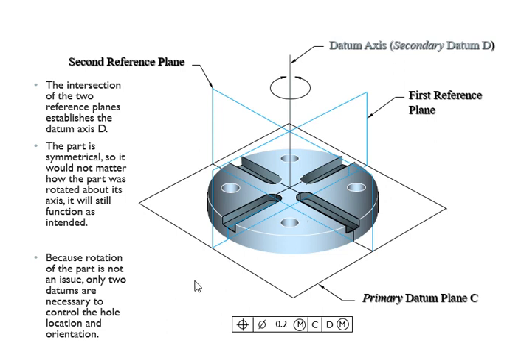So it wouldn't matter how the part was rotated. You can rotate about the axis, of course, and it's going to function as it was made to, because they're all balanced anyway. So the rotation is definitely not an issue in this part.